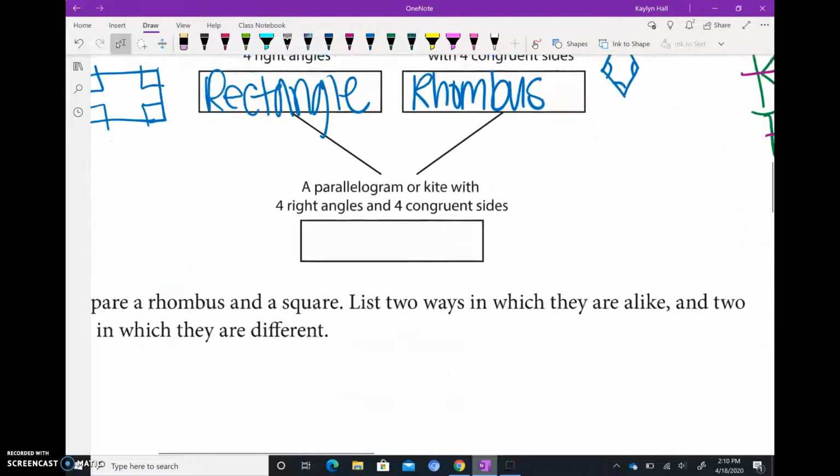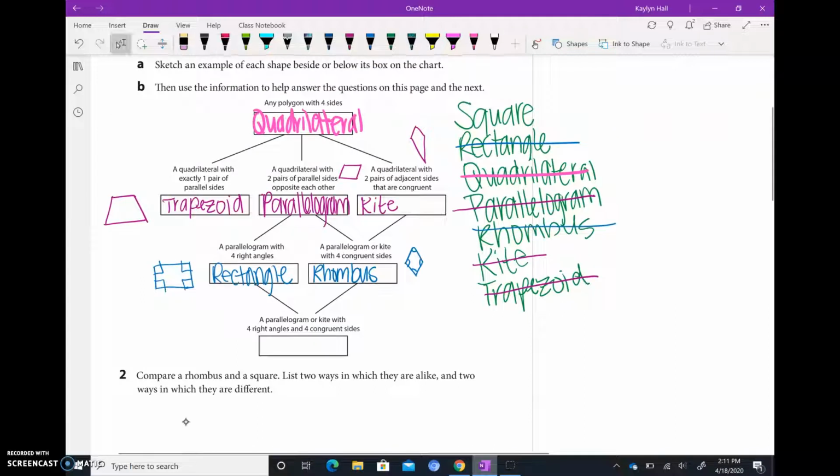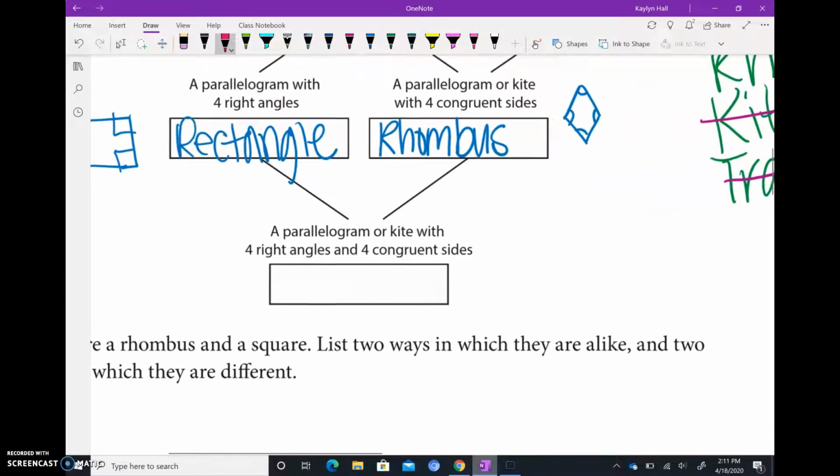And lastly, down here we've only got one thing left, which leaves us with square. So if we look at this, a square is both a rectangle and a rhombus.